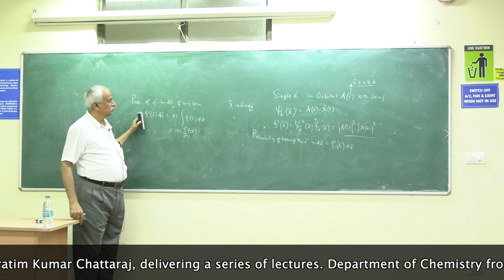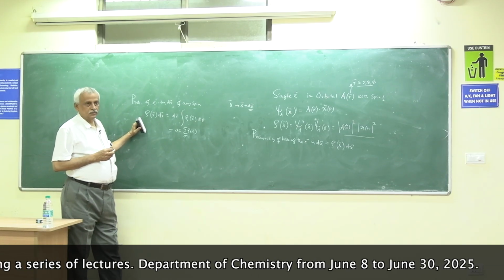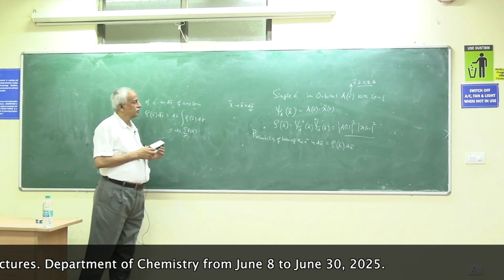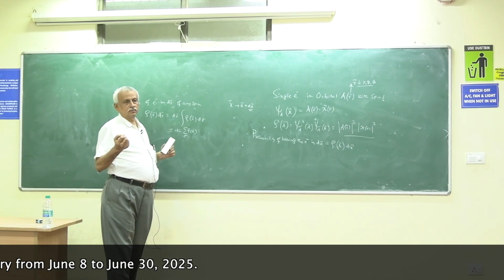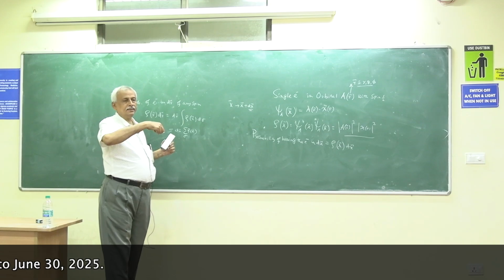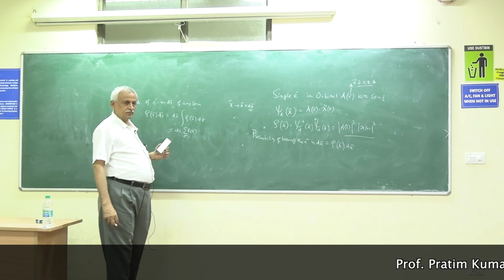Now, suppose there are two electrons, and I say the probability of getting electron 1 in dx1 and electron 2 simultaneously in dx2.